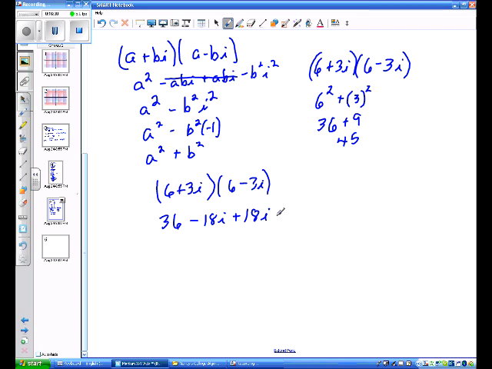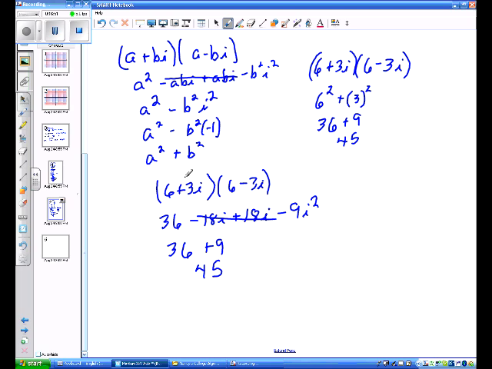And 3i times negative 3i is negative 9i squared. Now our middle terms are going to drop out because they're opposites. And we're going to have 36. Now i squared is negative 1 times negative 9 would be a plus 9, which would give you 45.